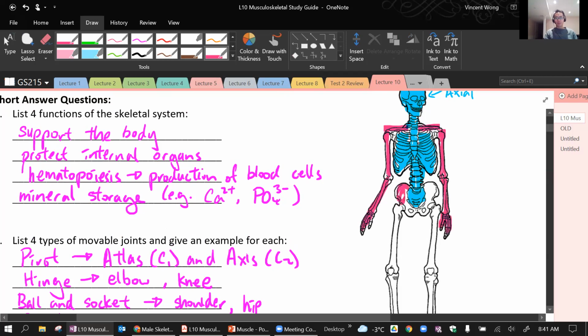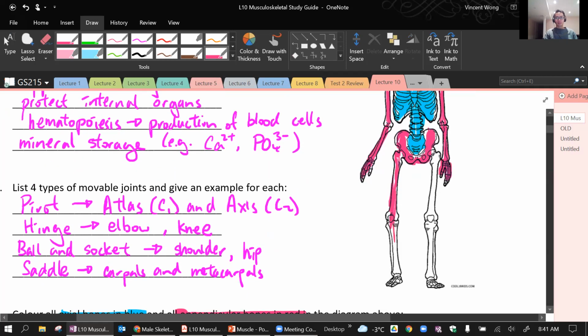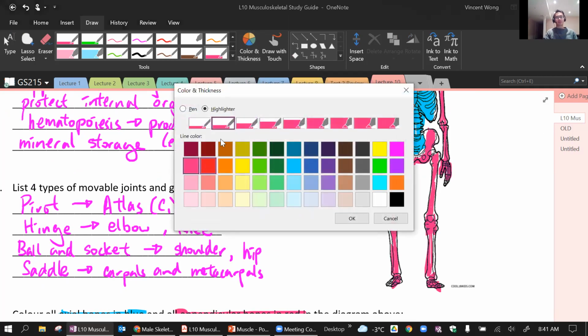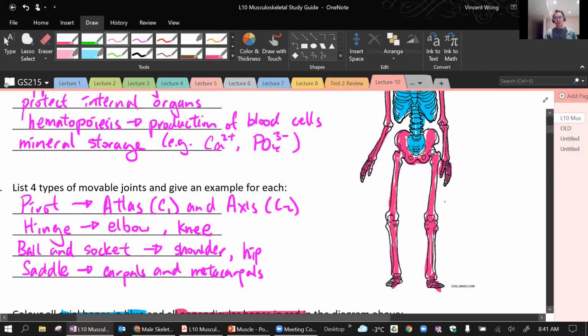There is the pelvic girdle and the entire leg. So if I ask you on the test to select all the bones that are part of the appendicular skeleton, then you would know which one I'm talking about. So these are appendicular.